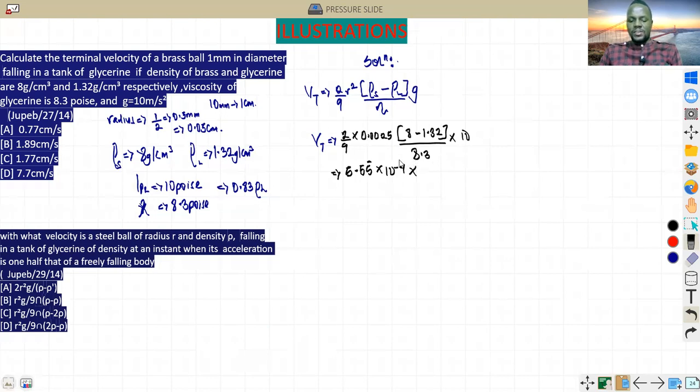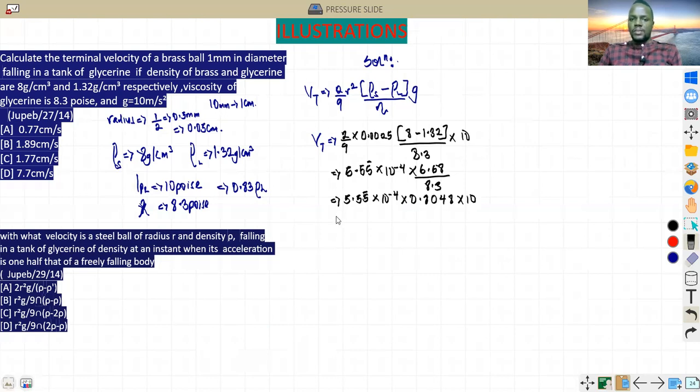That is giving me 6.68. I'm dividing that by 8.3 directly from the calculator. I'm having 0.8048. And we multiply that by 10.